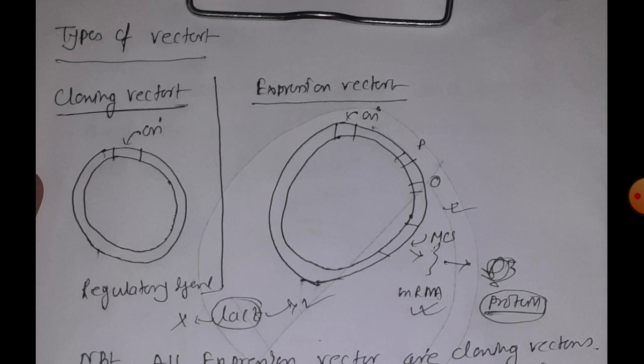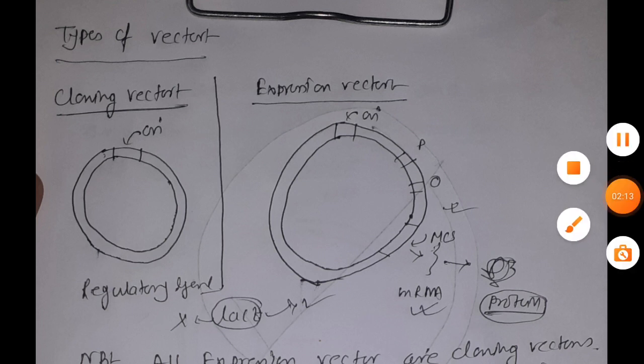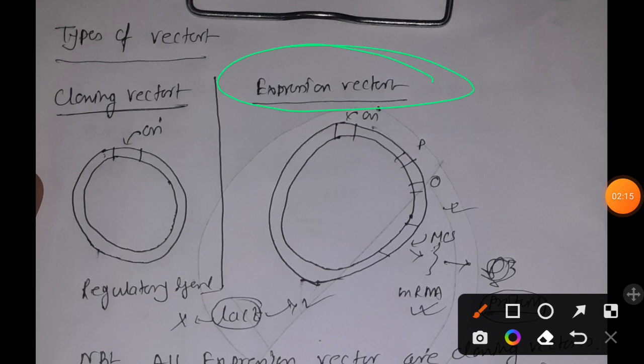So why should we not try to get the protein that our gene of interest encodes? From that thought, they developed a new type of vector named the expression vector. Expression means it will express the gene of interest it carries.